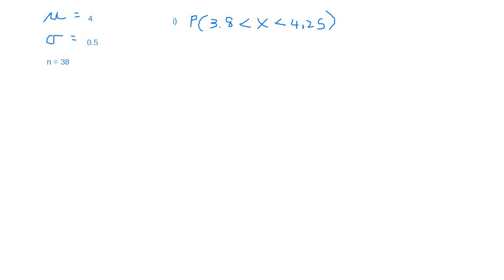Or number 2, if they're asking you something different, they're saying what is the probability of x bar being between these two values? 3.8 less than x bar less than 4.25.